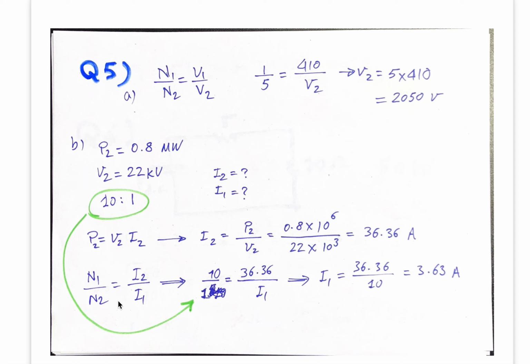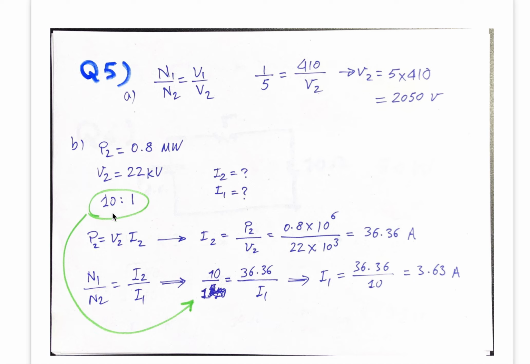But if I use this one in the beginning here, although I have N1 over N2, which is 10 to 1, I don't have I2 and I don't have I1. So this doesn't work for me in the beginning. But the good news is, in the secondary side, I have both P2 and V2.